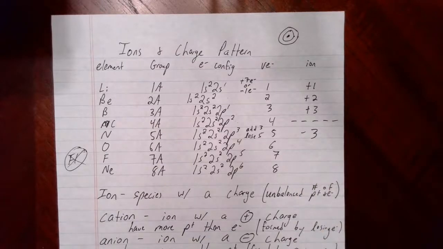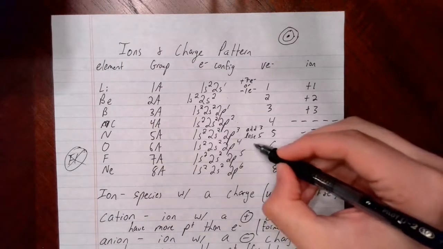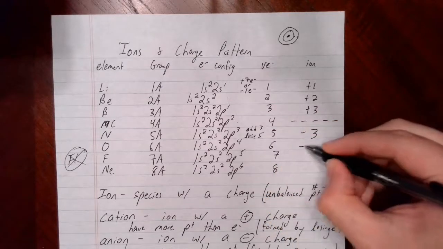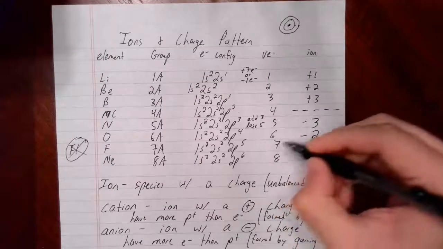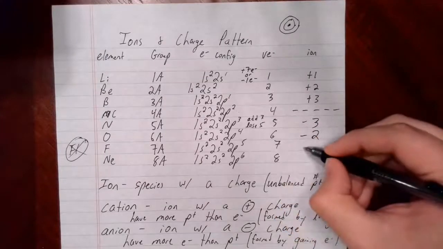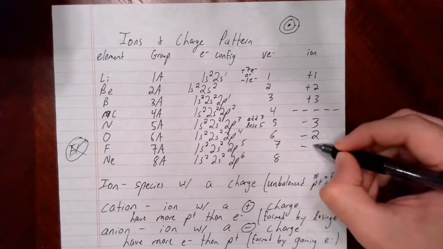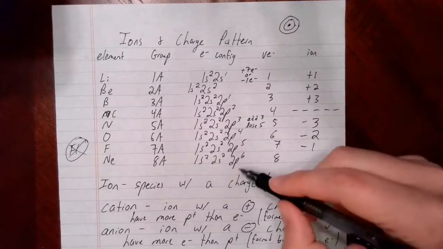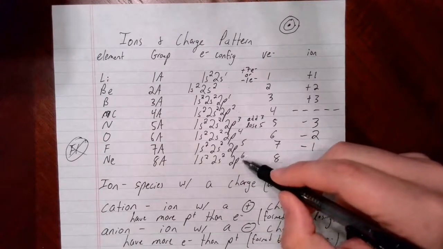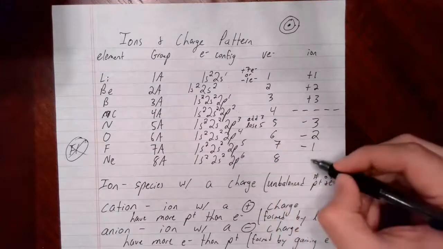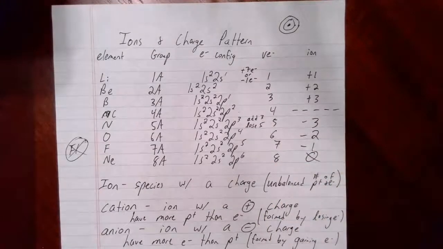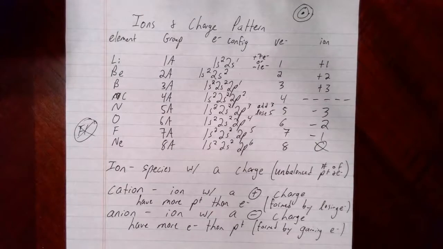So you probably see the pattern here. Oxygen can either add 2 or lose 6. It would rather add 2 to have a negative 2 charge. Fluorine can either add 1 or lose 7. So it prefers to add 1 and have a negative 1 charge. And neon's already full. It has 2s2, 2p6. It's already good, so it doesn't form an ion. There's no need for neon to gain or lose an electron here.